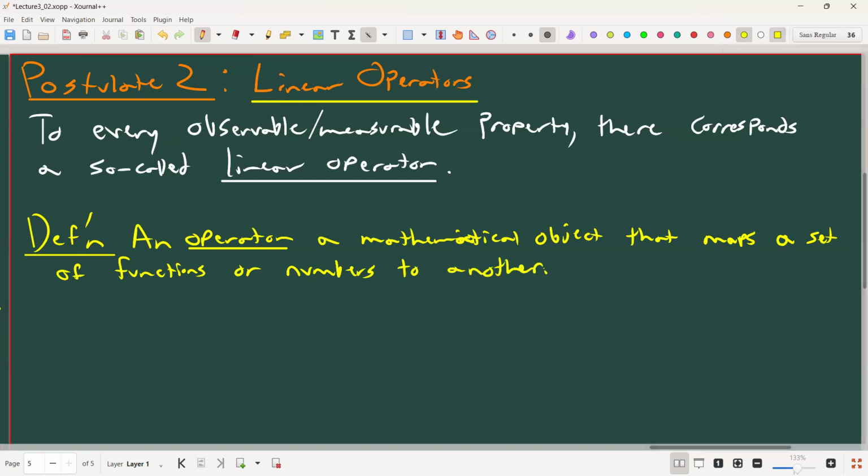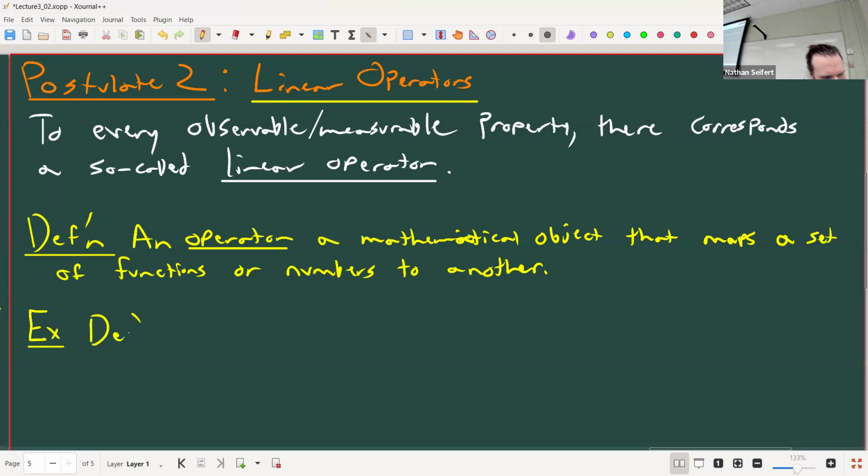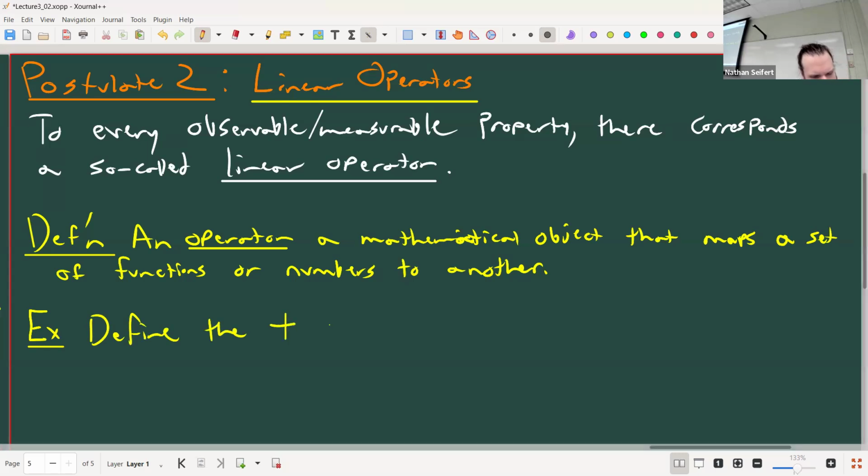Let me talk about the simplest operator that you know. So here's an example. Define the plus operator. I'll put a little hat on top of it to define an operator.